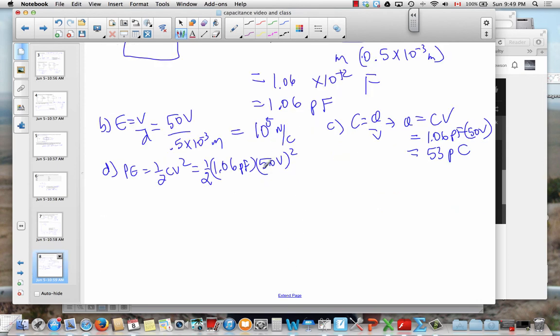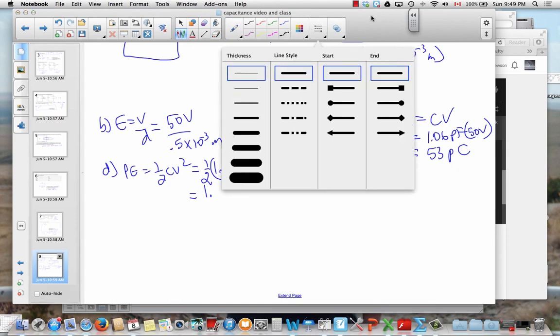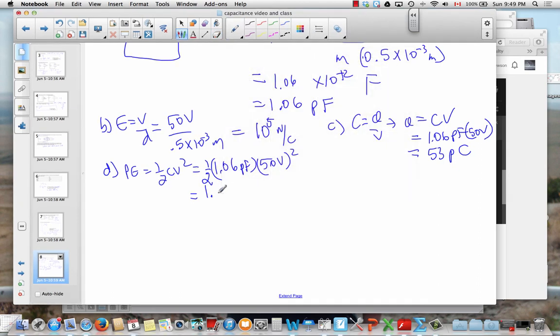So 50 squared times 1.06 picofarads. Actually, sorry, it's easier instead of doing pico here, just because we end up bumping up a power of 10. Well, I guess it's not the end of the world. Sorry, I'll stick with my original plan. You'll just have to bear with the metric prefixes a little bit.